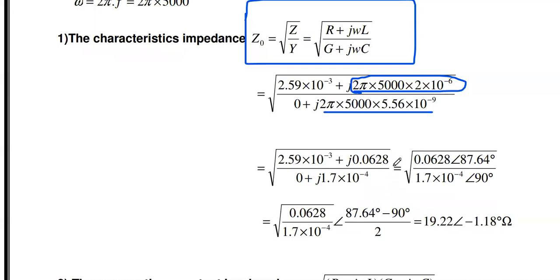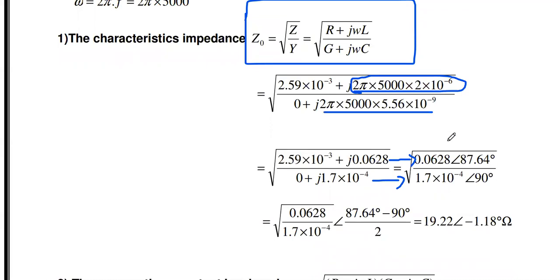Otherwise, you convert the numerator from rectangular coordinates into polar, that is 2.59 × 10^-3 plus j0.0628. Except for the square root, you convert this numerator into polar: 0.0628 with angle 87.64 degrees. Similarly, you convert the denominator into polar: 1.7 × 10^-4 with angle 90 degrees.